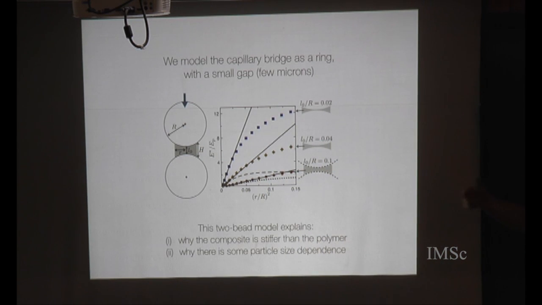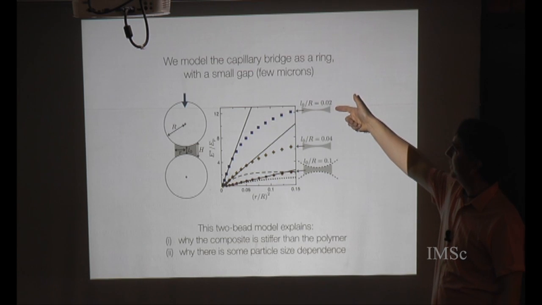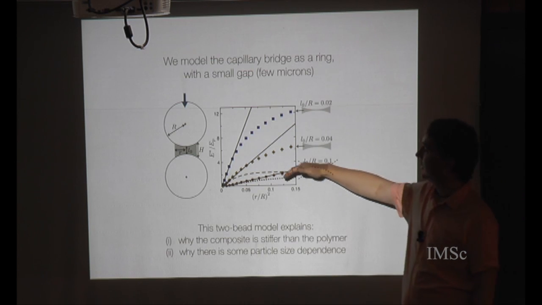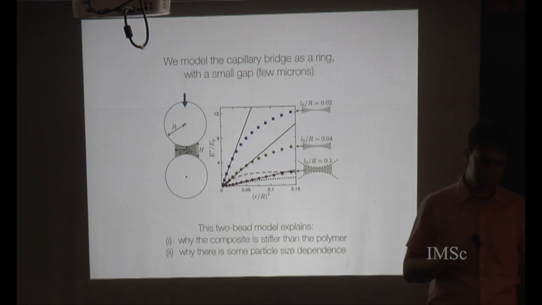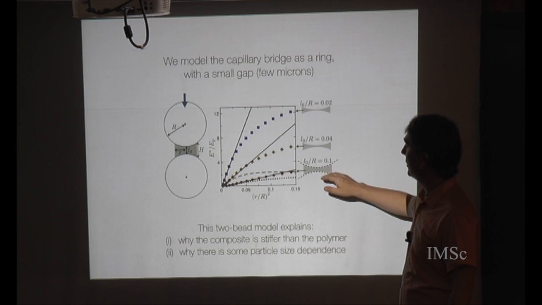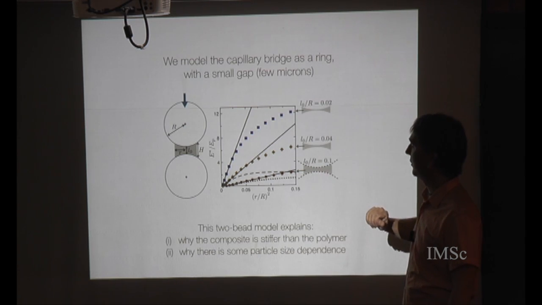And depending on the gap size, if you have a gap which is 0.02% of the particle radius, 4% or 10%, you get different elastic responses. So if you assume that there's a fixed gap size of about 1 or 2 microns, you can then account for the scaling with particle size. Because as you go to smaller particles, the effective ratio of the gap size to the particle size goes down.